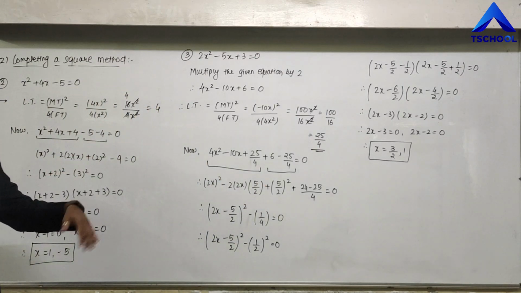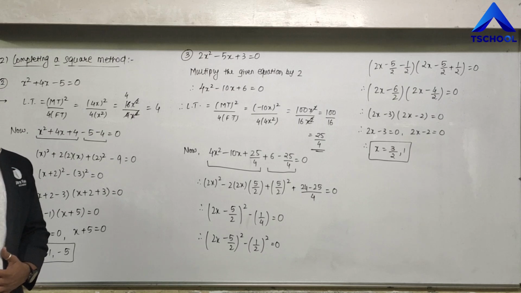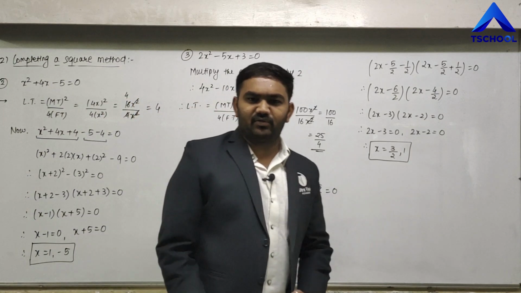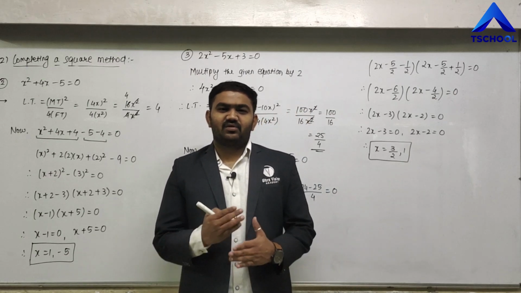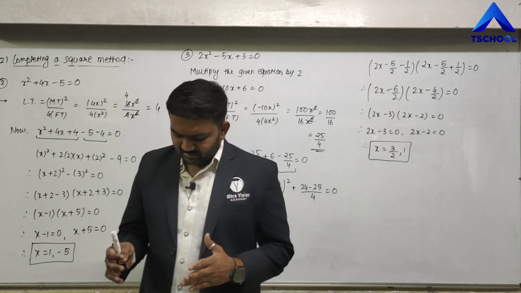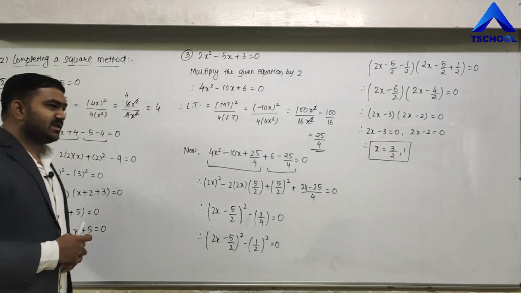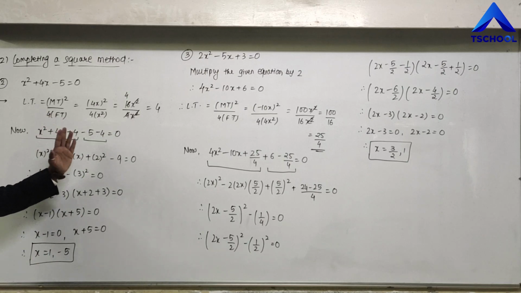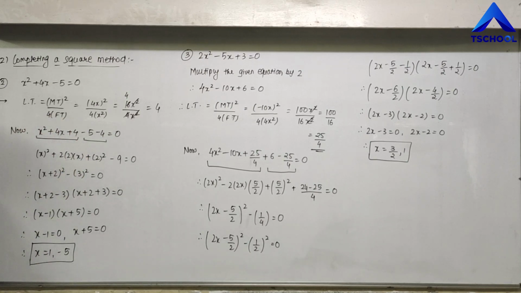That means you can get more practice of the same kind of sums, right? And the answers are already available to you in those solutions. That means you can also verify whether you are getting those same answers or not, right? So look out for the video lecture of part 1, get the questions from there and solve them by this method, that is completing a square method. So take a look over it and then we shall move on to the next sums.